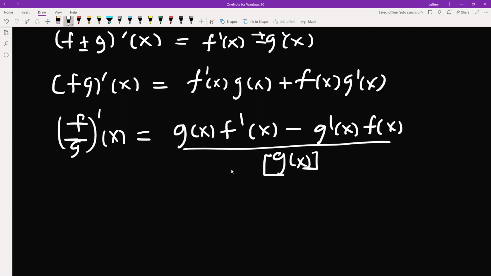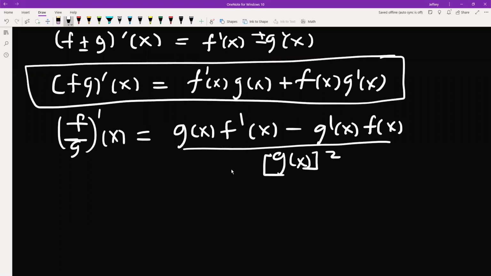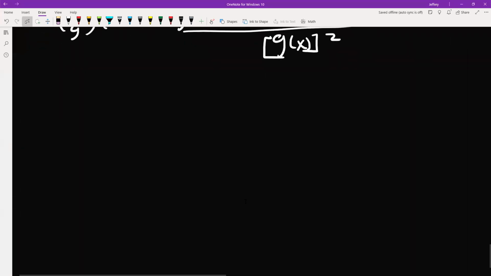I just want to prove one of these. This one's super easy, maybe depending on how much you've studied, and this one is basically the same, so I'm just going to do this one. Let's prove the product rule. When you prove things in analysis, you can't leave anything out.